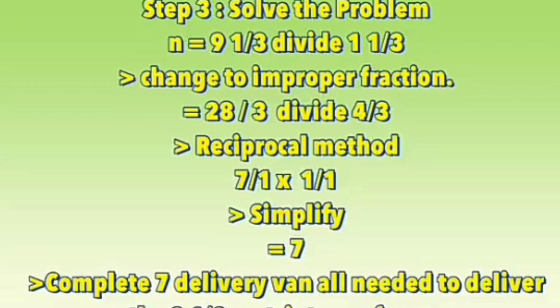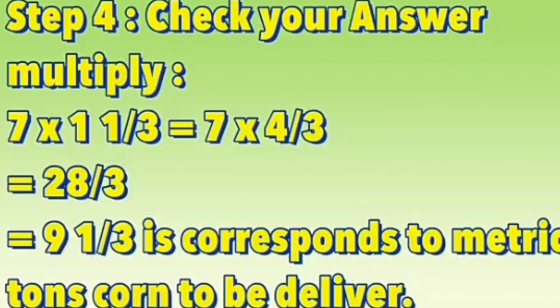Step 4, we have to check our answer. To check our answer, we have to multiply the result, 7 delivery vans, times the 1 1/3 loaded per van. So then we have to change the mixed number into improper fraction.